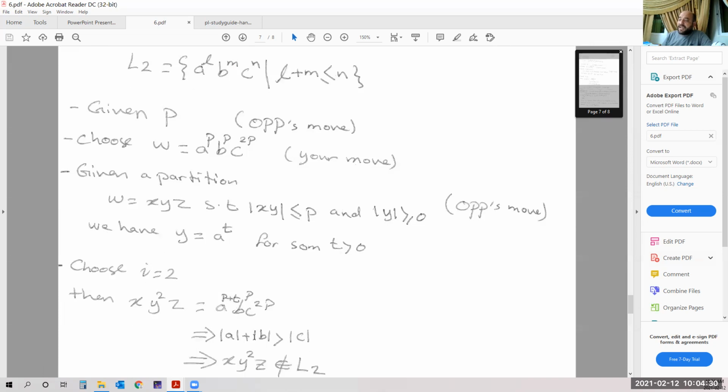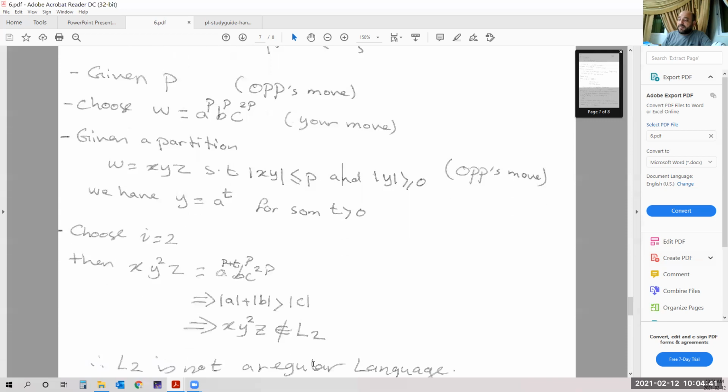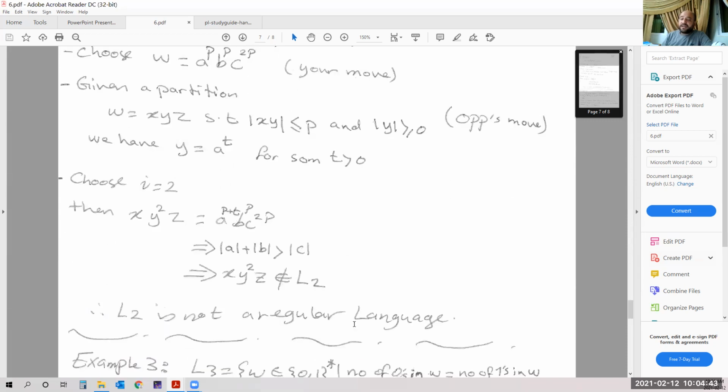And here the length of a and b is greater than the length of c, which means that this string, when i equals 2, is not part of that language. So xy squared z does not belong to L2. L2 is not a regular language. Is that clear? Guys, questions before I move to the third example?